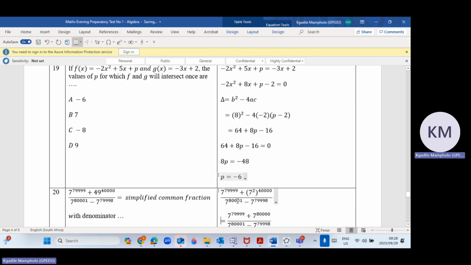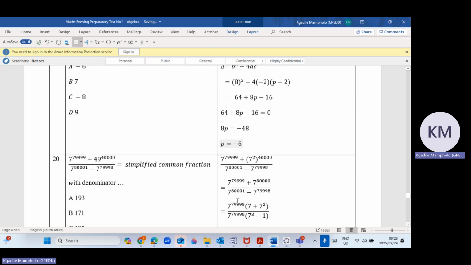The last one. In the exam, they can give you something like this with very big exponents. They say without using a calculator. If you use a calculator, the answer will be irrational, and the marker will see that you used the calculator.